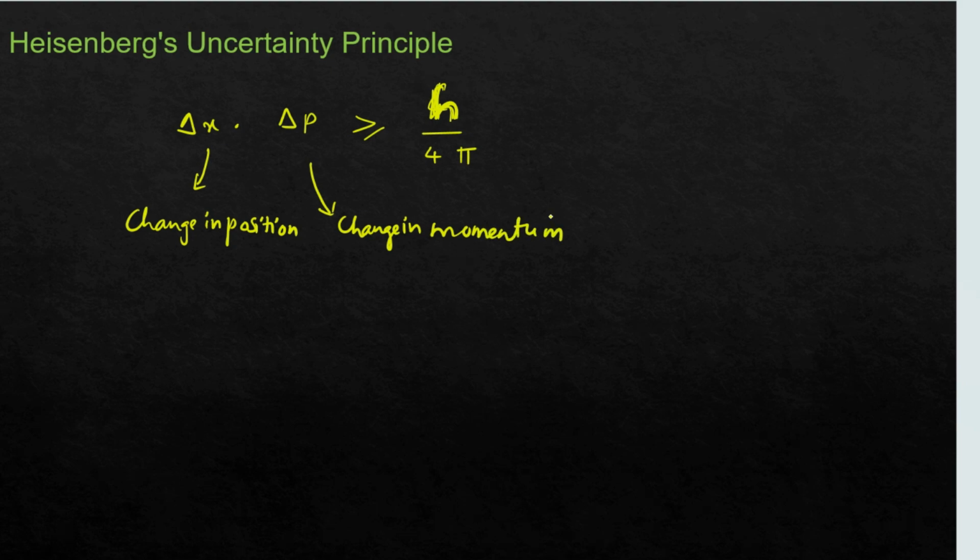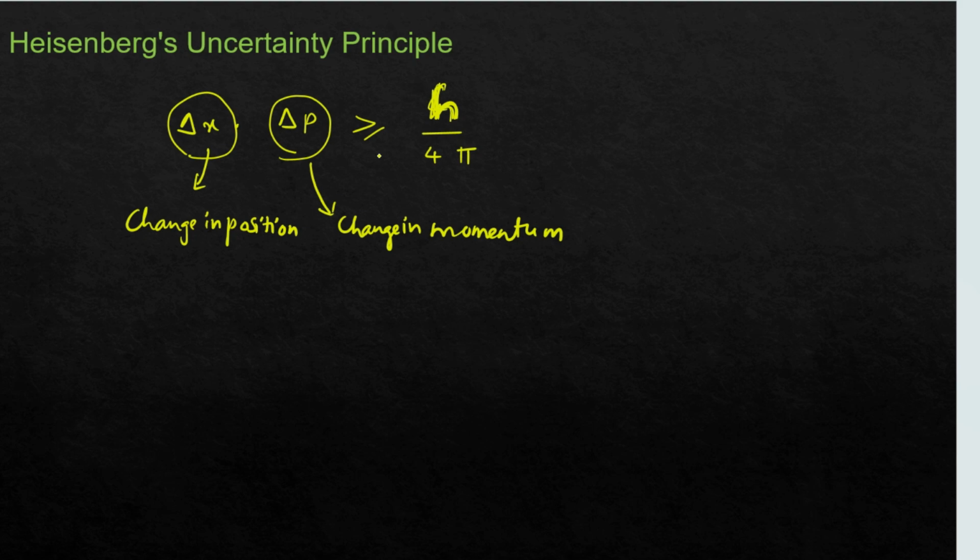He is not calculating the exact values; Bohr already calculated those. He is calculating the deviation from the exact value. Deviation is nothing but uncertainty. The deviation in position and the deviation in momentum is always greater than h by 4 pi. So whatever value you calculated from Bohr's theory, it is deviated by more than h by 4 pi.